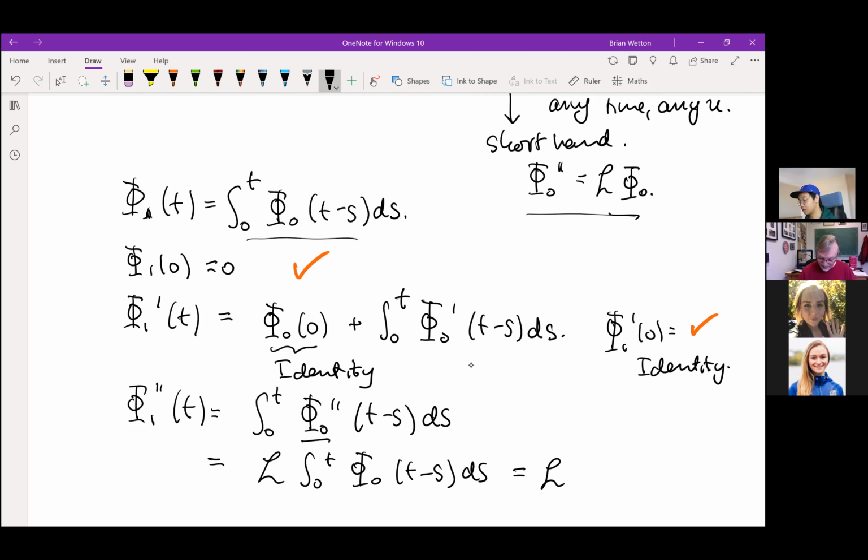And that's just L times this thing, which we call phi 1. So it's just one of those fascinating things about linear systems. This is, I guess, the big takeaway: everything about the time-dependent linear system, everything about its behavior, is determined by how it behaves to initial conditions, values, no time derivatives, right?